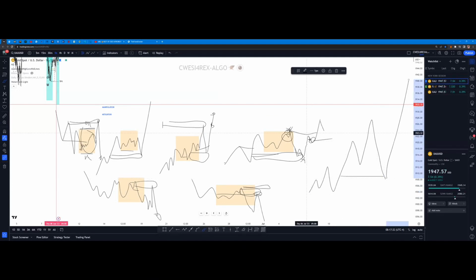So we are going to use this over here as the liquidity for price to come back and mitigate this higher time frame point of interest for price to continue higher.